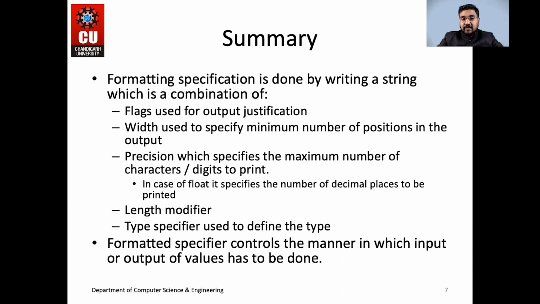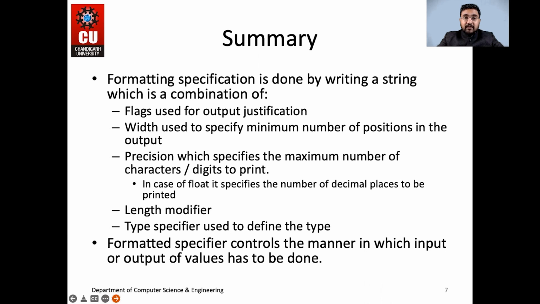So these are the various type specifiers we have. Out of these, the type specifier is mandatory as per the data type. Flag, width, precision, and length are the optional ones, right? So format specifiers help control the manner in which input or output of the values has to be done.